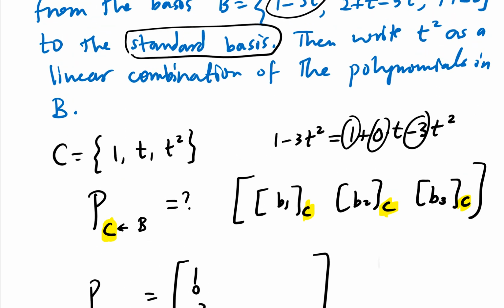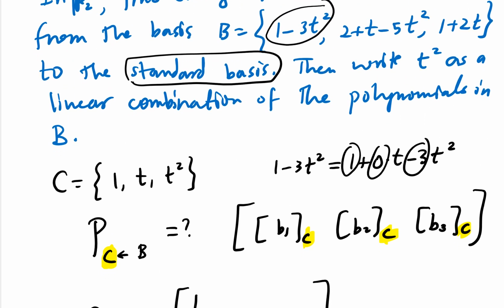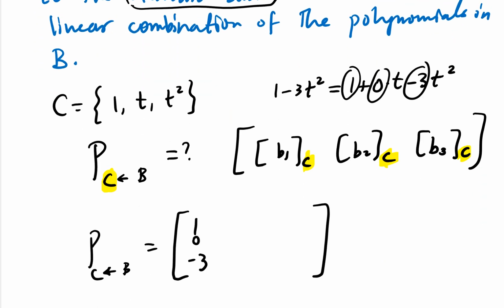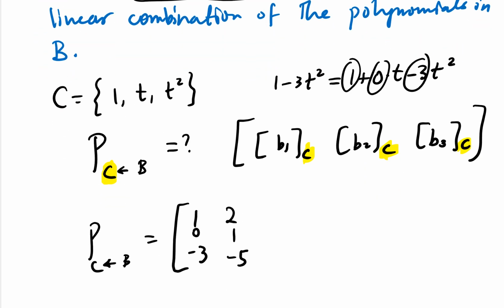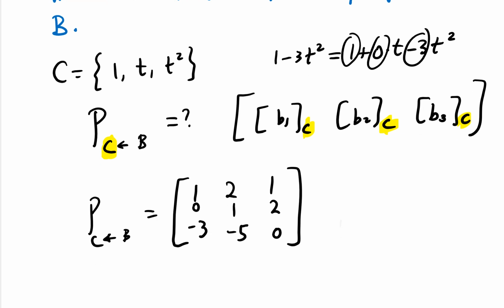The next one is 2 plus t minus 5t squared, so 2, 1, negative 5. And the last one is 1 plus 2t, so 1, 2, no t squared. That's the change of coordinates. Very easy.